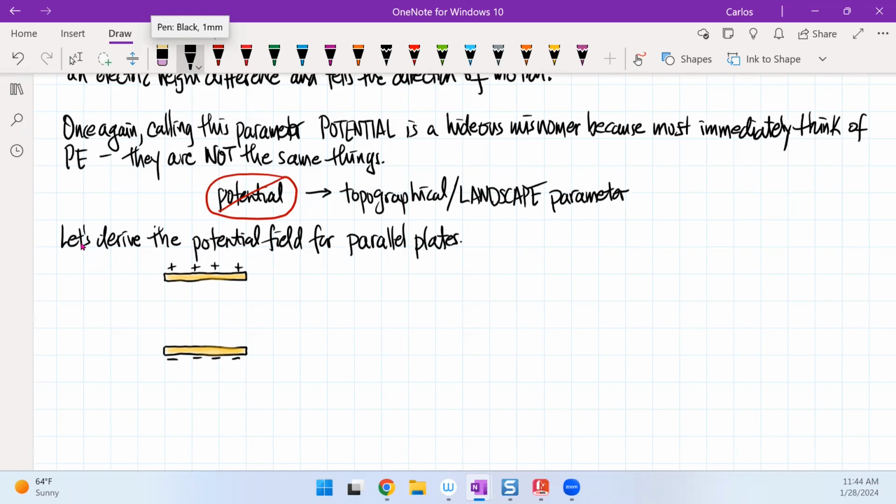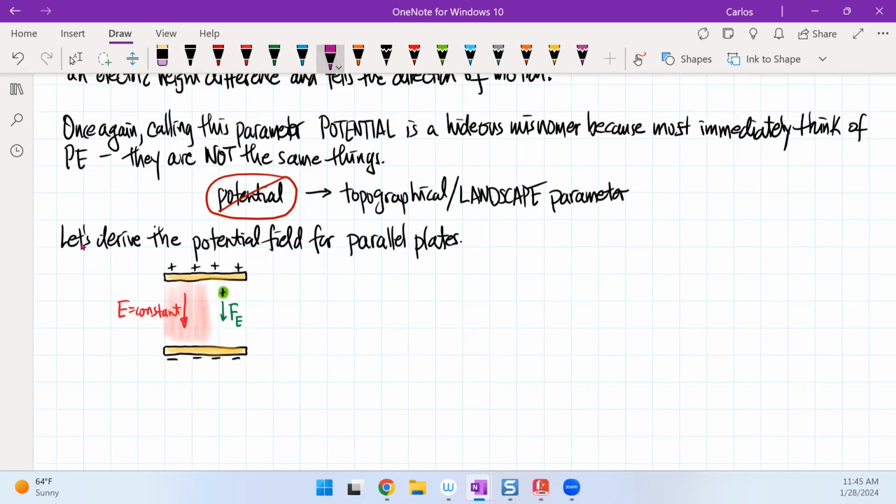Now, what we know here is that we have a field that's going to be constant. So for a parallel plate, we say that the electric field is a constant. Because it's constant, if I place a charge in this field, that charge is going to experience some electric force that pulls it down.